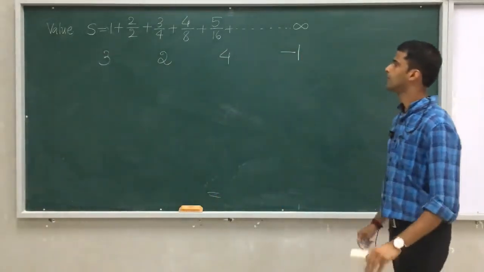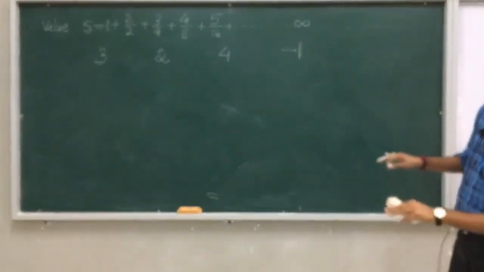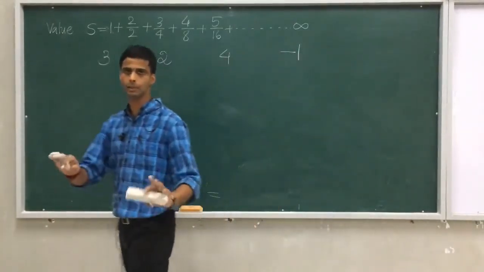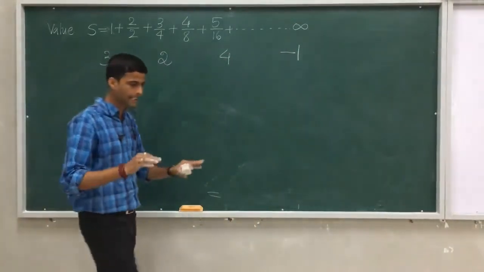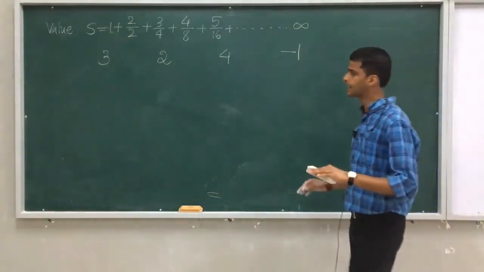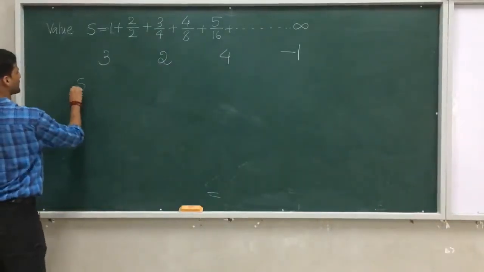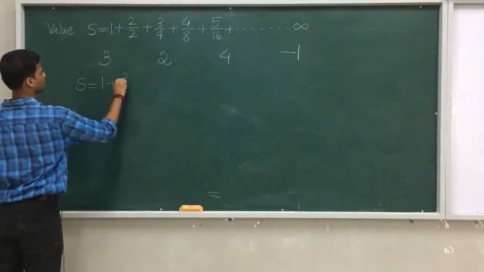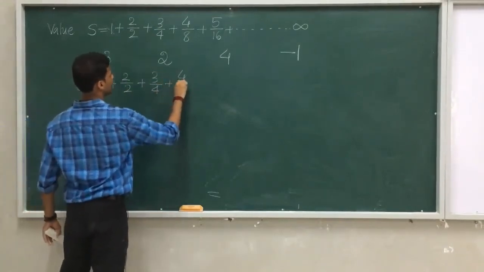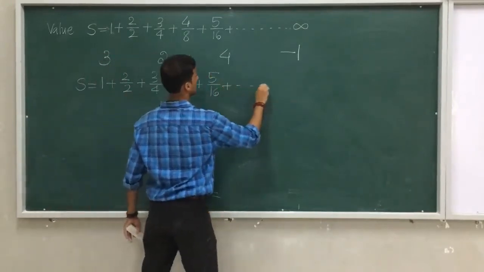Now, if you observe, there is nothing like 2 power. We have a series like this. They all come under a category of special series. I'll give some clue. You just take care how to manage. So what we'll do in this is, I will write S as 1 plus 2 by 2 plus 3 by 4 plus 4 by 8 plus 5 by 16 to infinity.